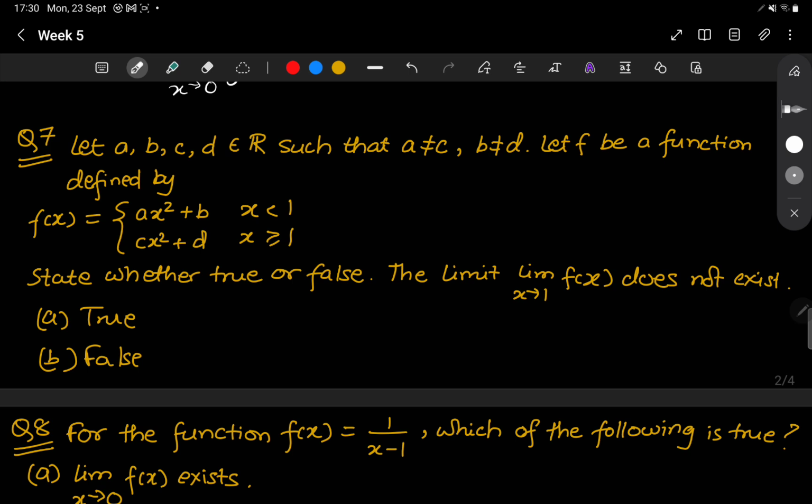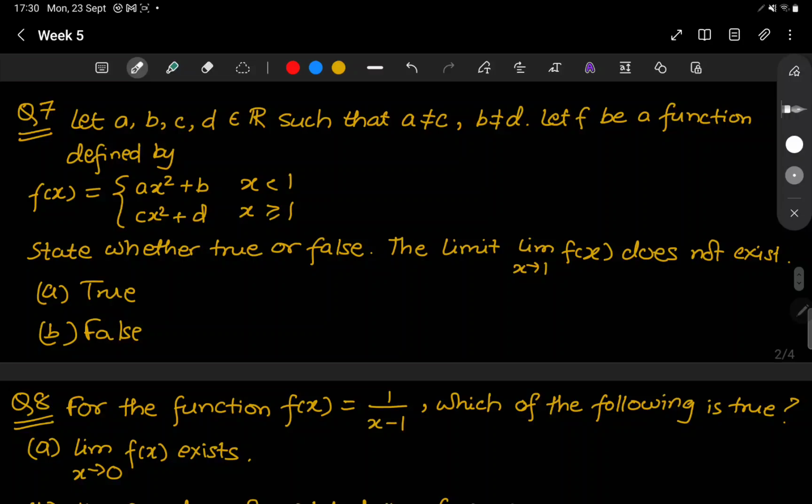Let f be a function defined piecewise: f(x) equals ax squared plus b if x is less than 1, and it equals cx squared plus d when x is greater than or equal to 1. State whether true or false: the limit as x tends to 1 of f(x) does not exist. Again, take a few minutes to answer the question.